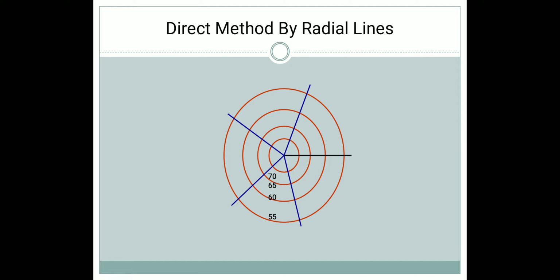Temporary benchmarks are fixed at the center and the near ends of the radial lines. The contour points are then located and marked on these lines, and their positions are determined by measuring the distances along the radial lines. They are then plotted on the plan, and the contours are drawn by joining all the corresponding points with respect to the plane table instrument.